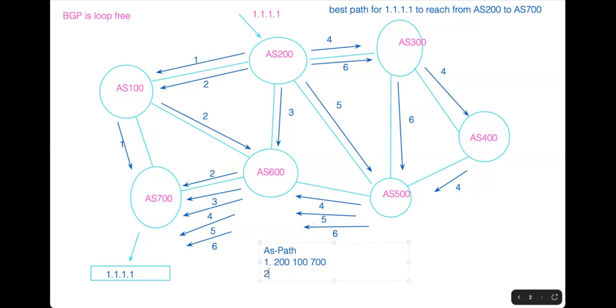It is originated from 200, then it will come to 100, then to 600, and then to 700. Is it right? That's the second.